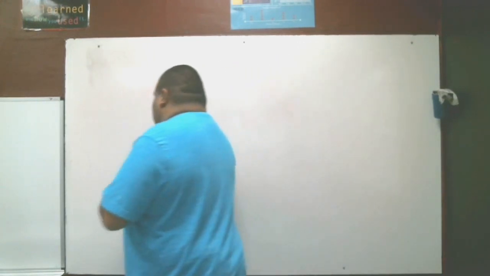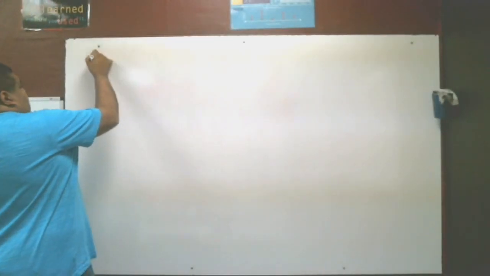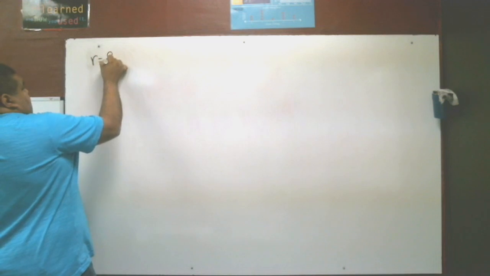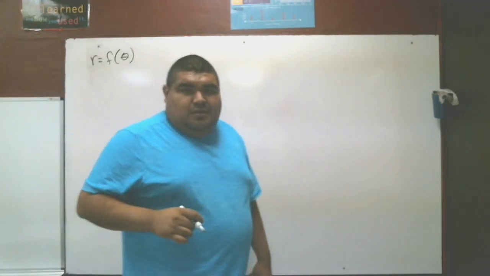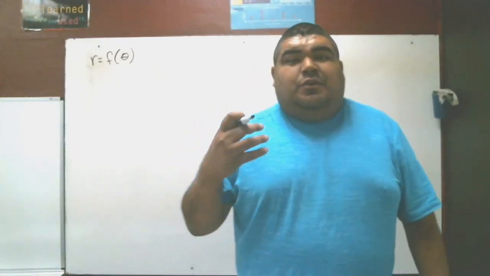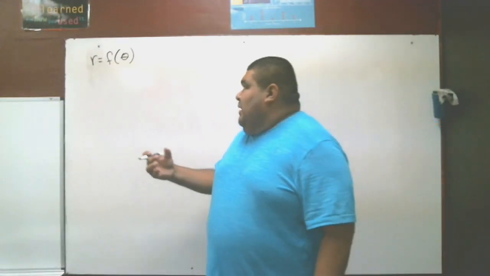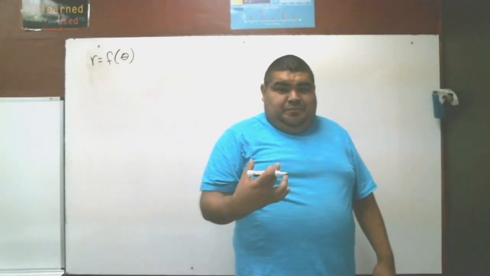Our parent function is written as the following. We have r equals function of theta. If you guys remember, r is our radius. Theta is our angle.